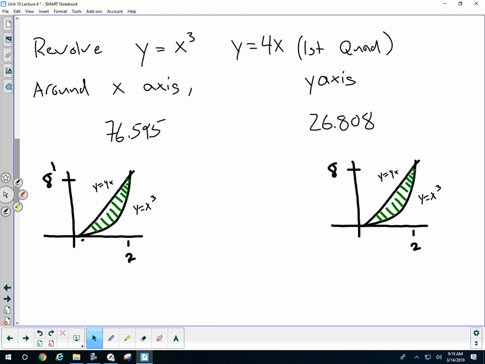Draw your region, draw its reflection. Draw your cylinders. Some cylinders going to the outside, some cylinders going to the inside.